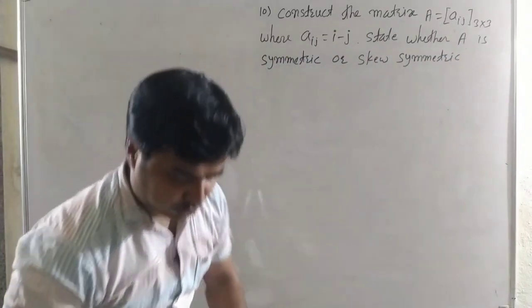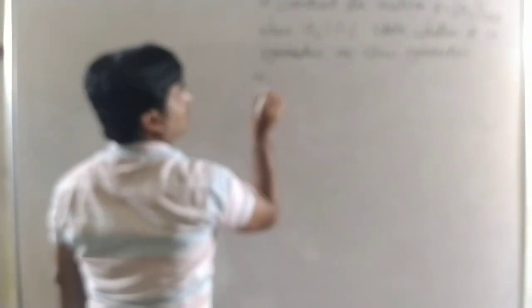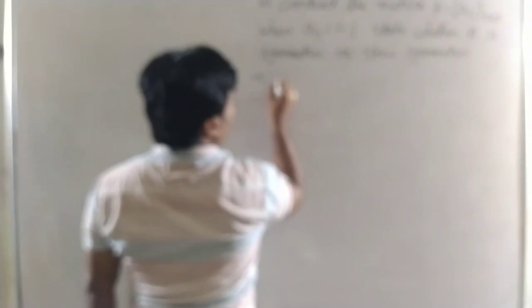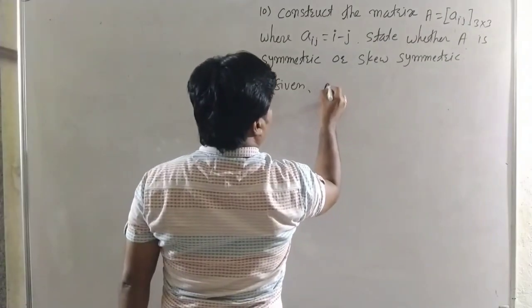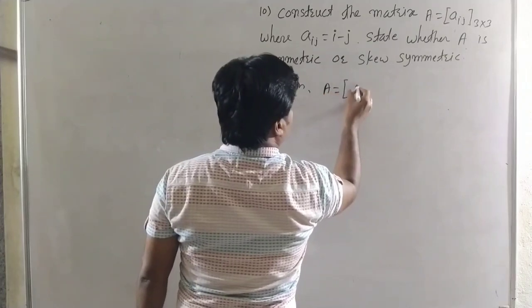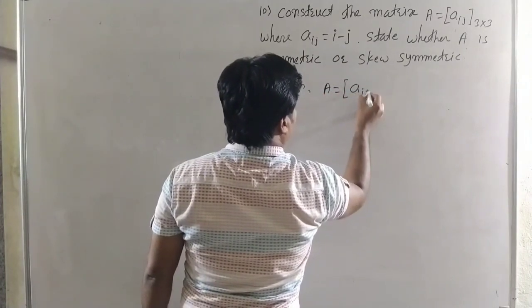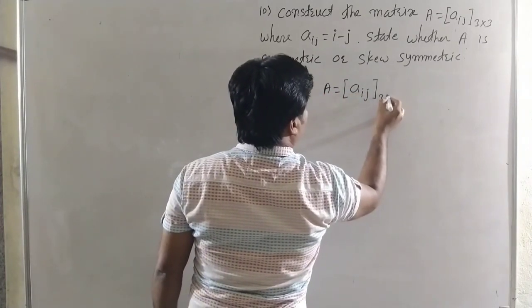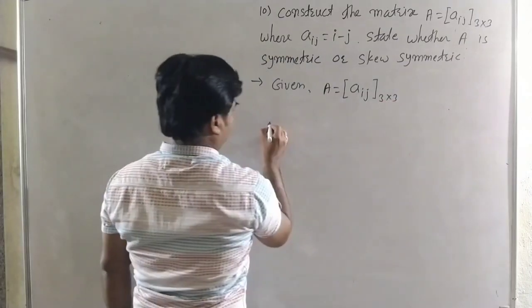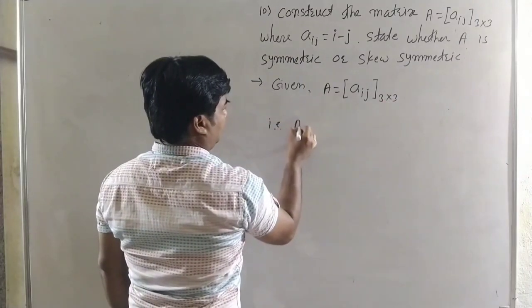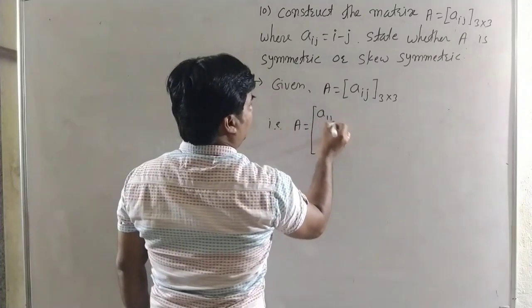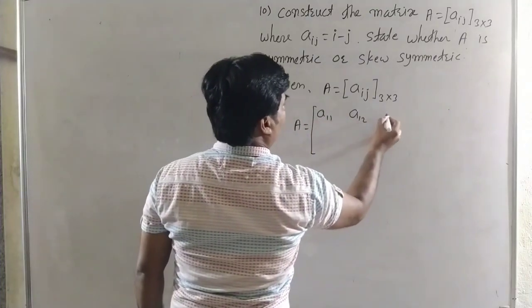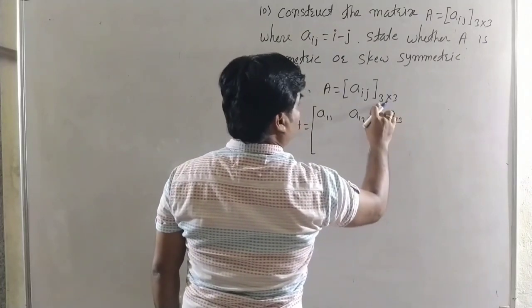Now, first we construct the matrix A. It is given that matrix A is [aij] of order 3 by 3. That means, see carefully, the matrix A is a11, a12, a13: 3 rows and 3 columns.